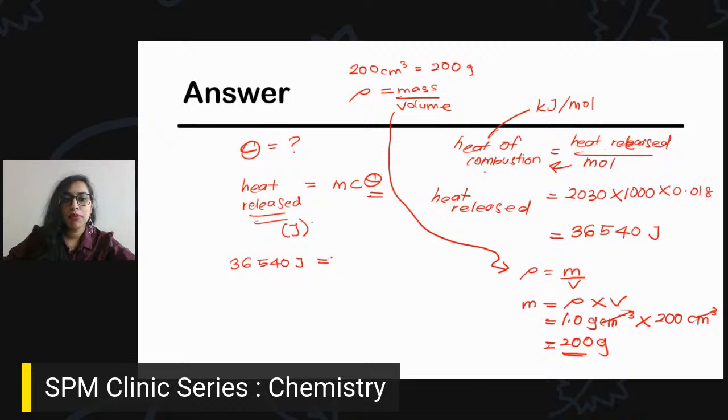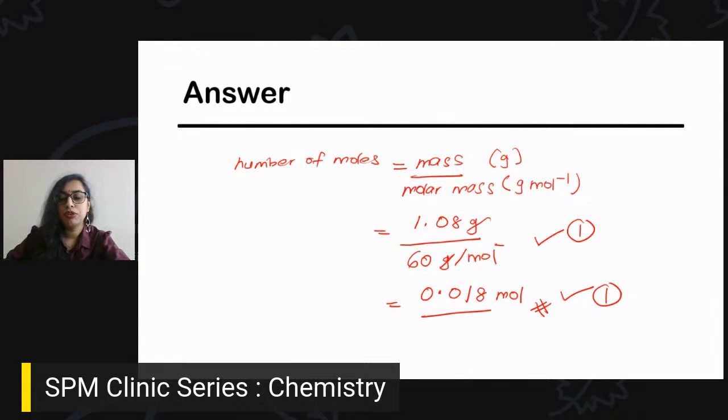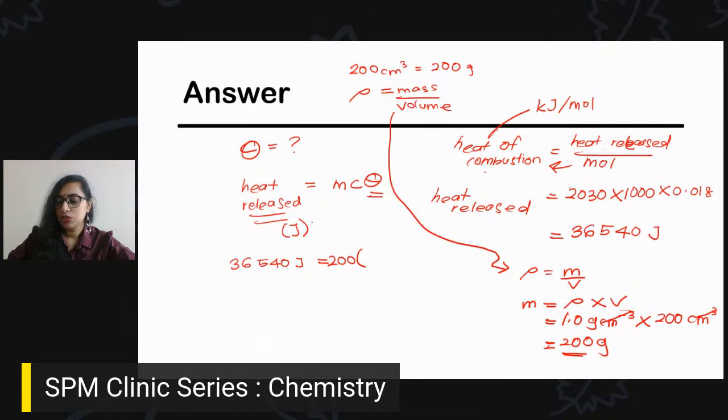So your mass is 200 times the c, which is the specific heat capacity given in the question, which is 4.2 joule per gram per degree Celsius. So here you will have 200 gram times 4.2 joule gram negative 1 degree Celsius negative 1.